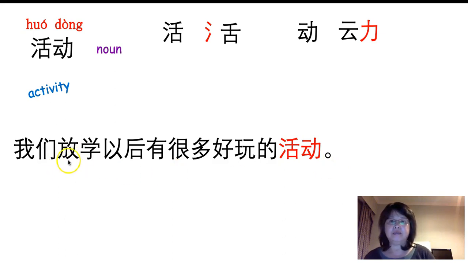So here 放学以后 is a time word. So this is subject, time word, verb, and object, SVO structure. If you want to emphasize the time, you can also put the time word in front of the subject.